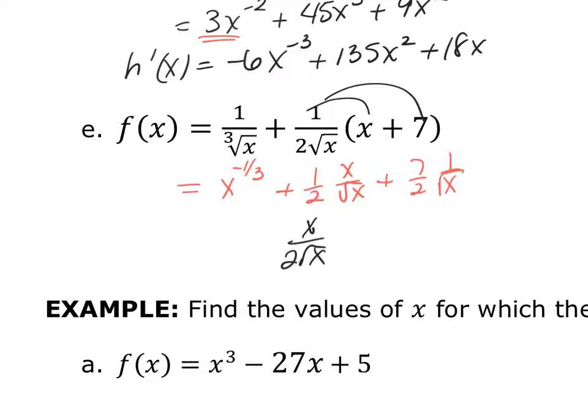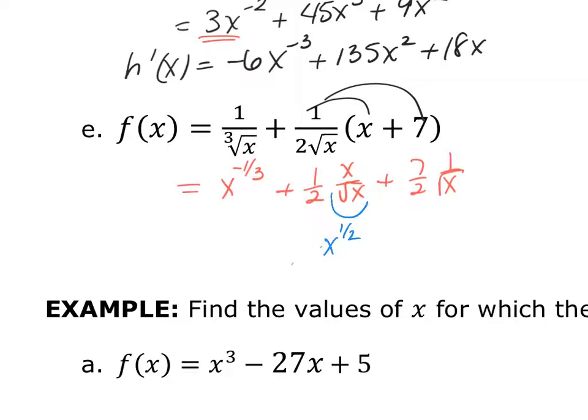And what I'll be doing in a minute is I'm going to be using my rules of exponents that says, let me erase that, if I subtract my exponents, this portion right here becomes x raised to the 1/2. So it's easier to do derivatives.